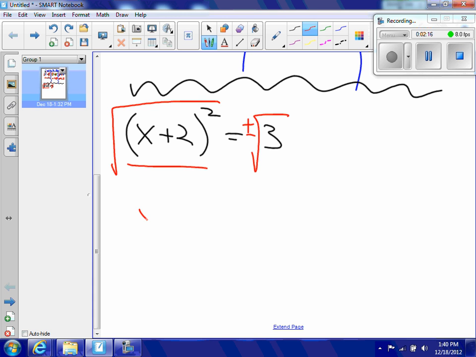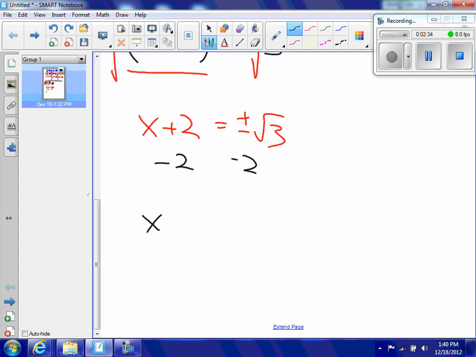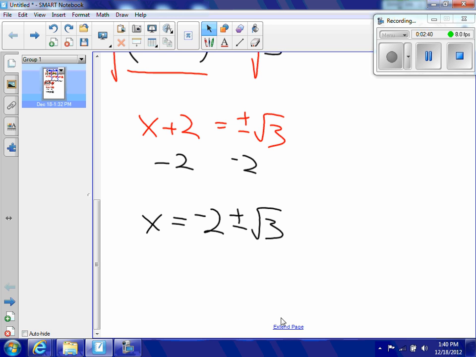So I now have x plus 2, because I take the square root of x plus 2 squared, is equal to plus or minus the square root of 3. And I think I'll just subtract 2 from both sides of this equation. And I get x is equal to negative 2 plus or minus the square root of 3. That's not very complicated either.